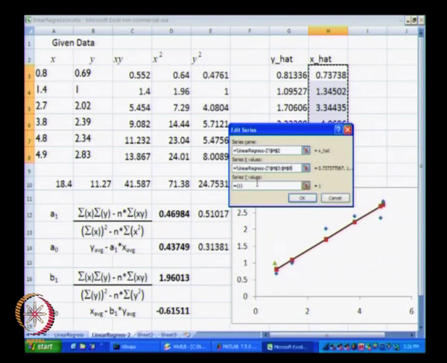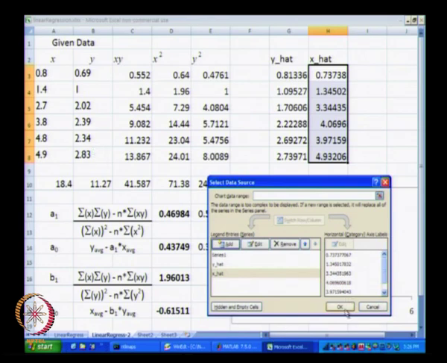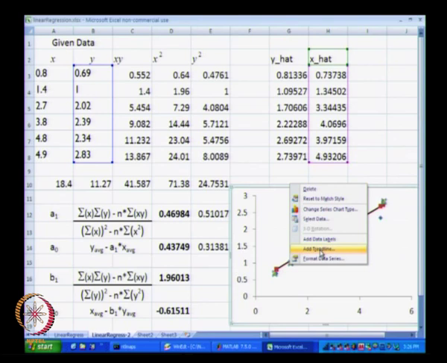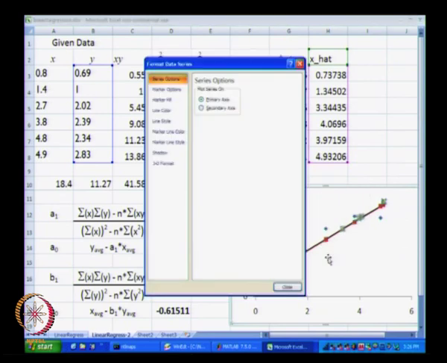and the y axis is going to be the y values. So, these are essentially our green data points. I will select the green data points and do format data series.